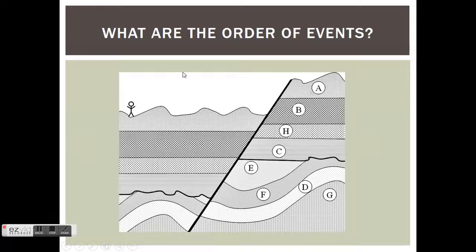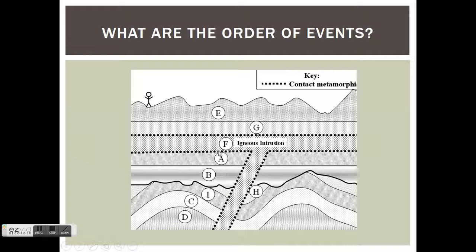So the correct order for something like this would be G, D, F, E, then a fold. And then we can see we've got this dark squiggly line which represents a gap in time. So that's got to be an unconformity. Then it would be C, H, B, A, and then the very last thing would be a fault because the fault cuts through everything. So this would be an example of a harder one that you'd have to do.